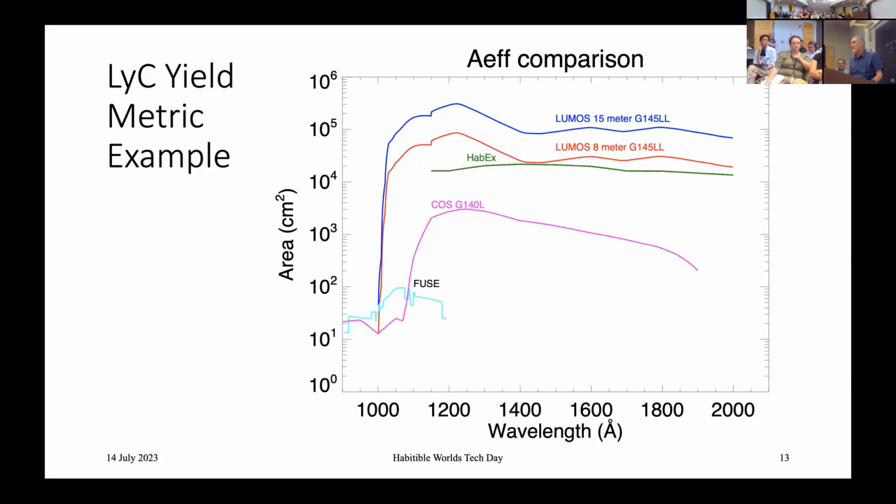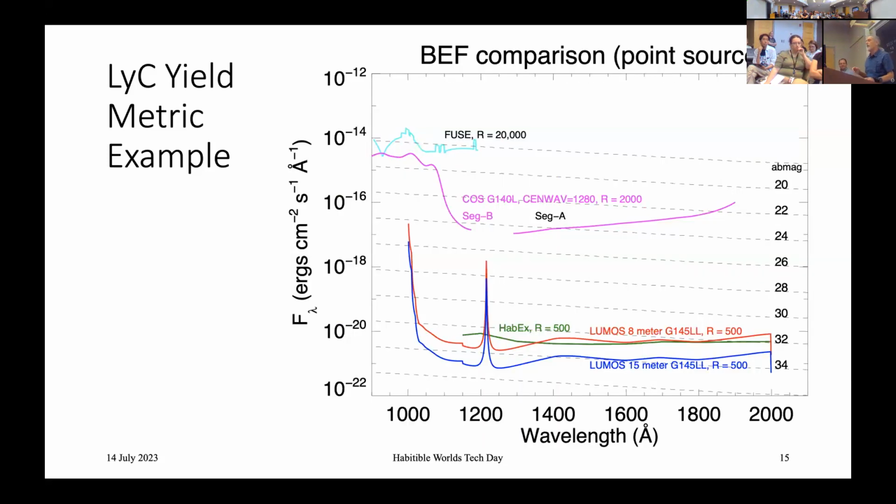Did I go the wrong direction? Yes, I did. Okay, so then you can take that information and fold in your backgrounds, and then come up with what I like to call the background equivalent flux. And that tells you what your ultimate limit is in terms of what you can possibly detect.